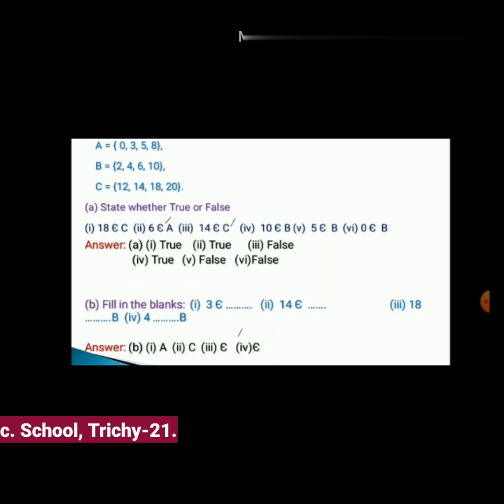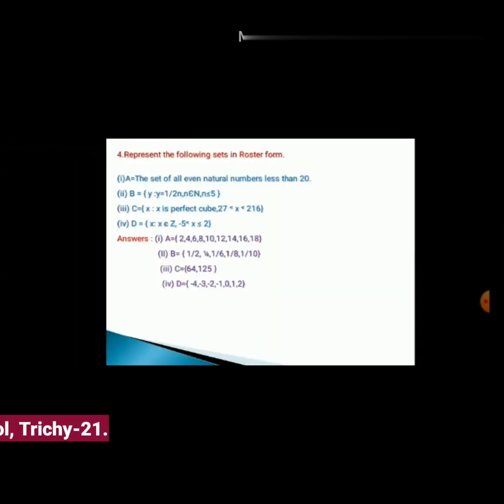In the fourth one, 4 dash B. The element 4 is in set B. So it belongs to. You write belongs to.